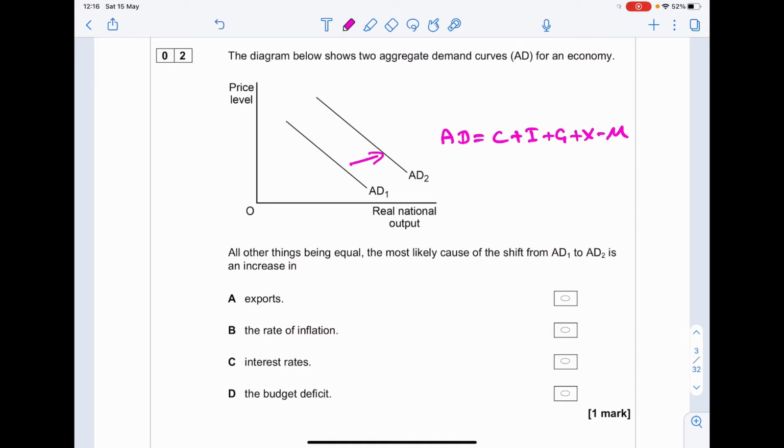So aggregate demand is going to shift to the right if any of these things increase or if imports decrease. So it says an increase in, so you can see straight away that exports, X is for exports, so that's the correct answer.